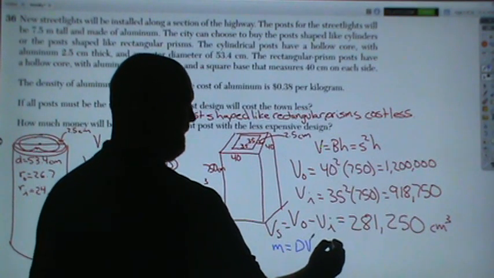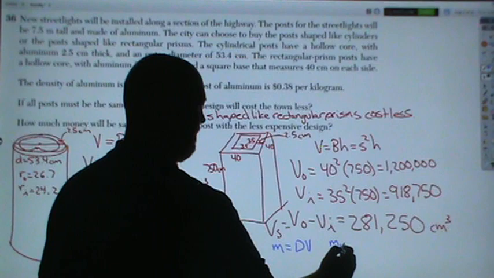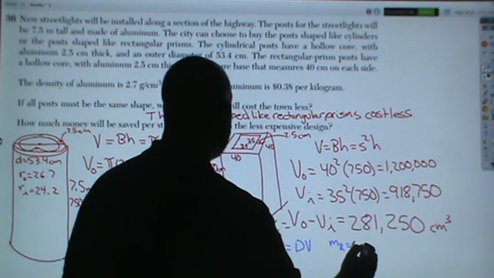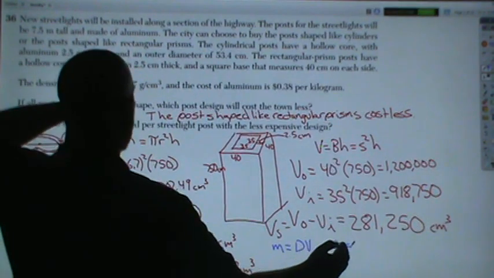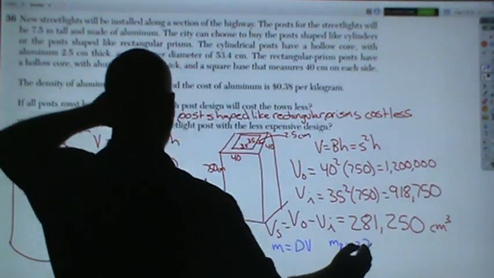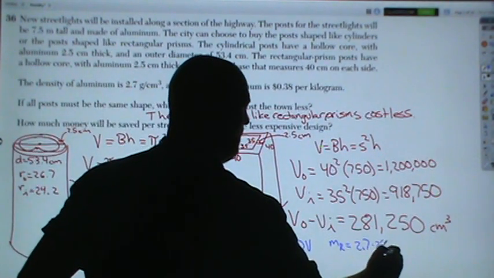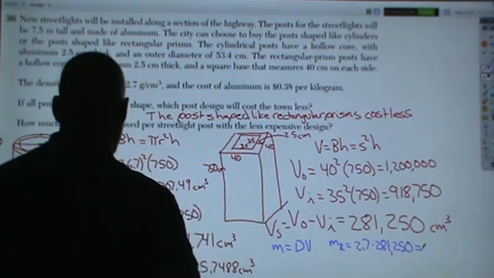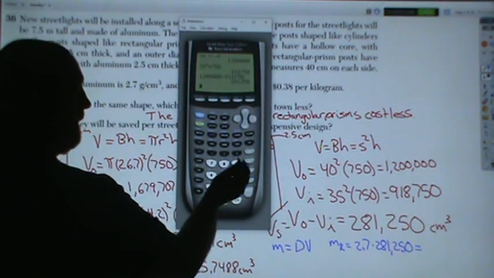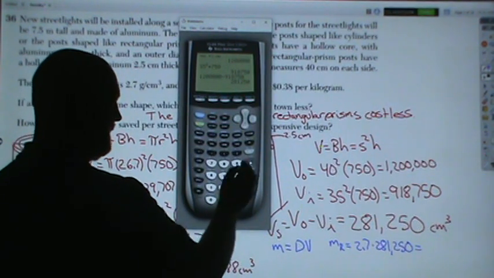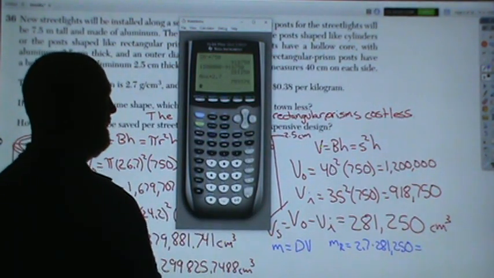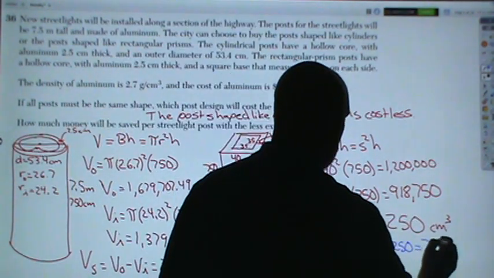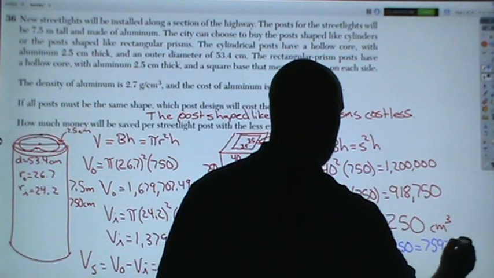So for the mass of the rectangular post, I'm going to take the density, which they said was 2.7 grams per cubic centimeter, and multiply that by 281,250. I already have that number saved in my calculator, so I can just say times 2.7 and come up with 759,375.